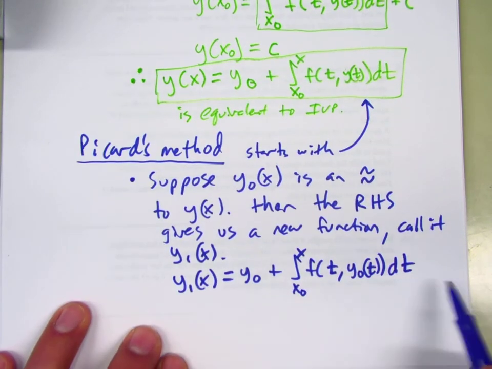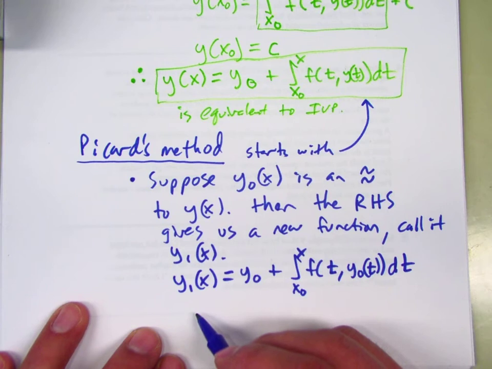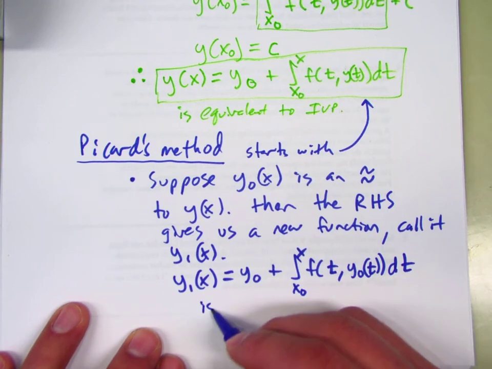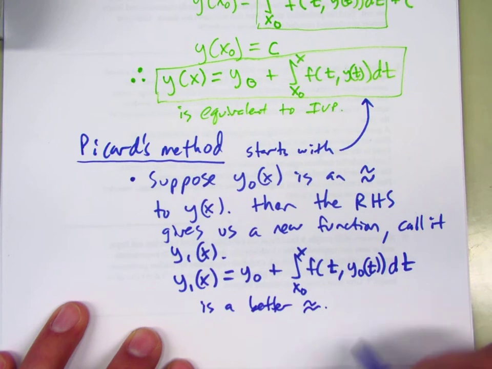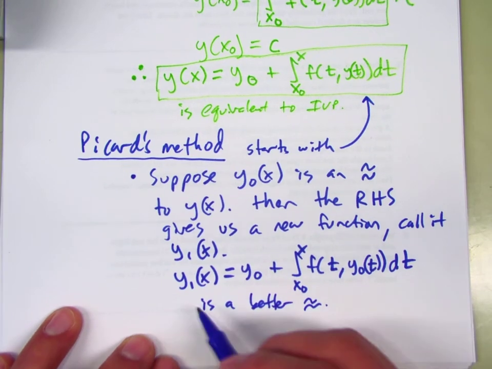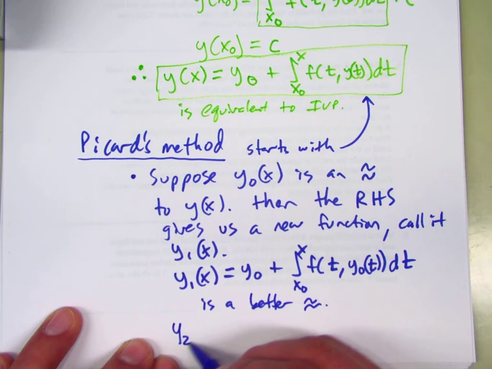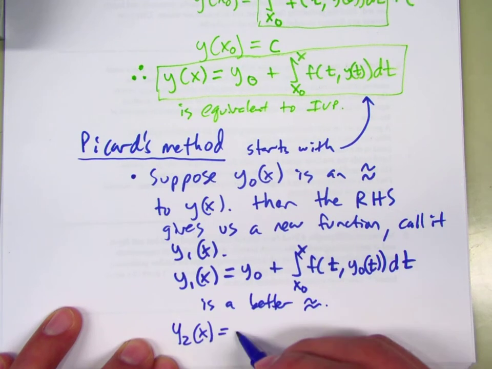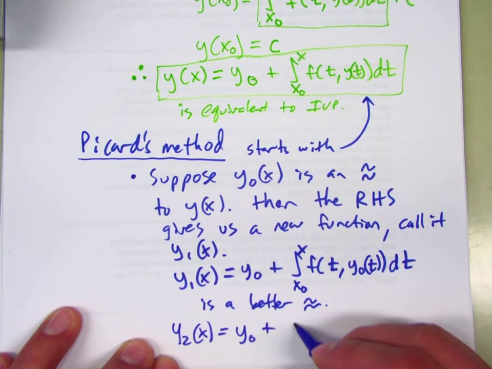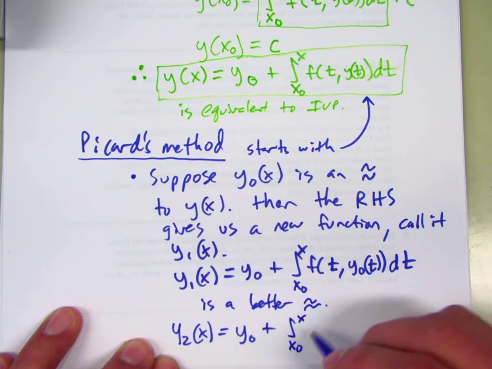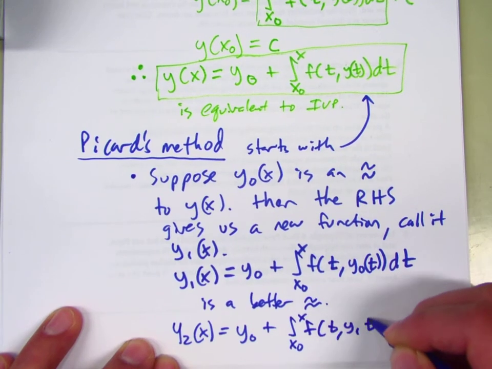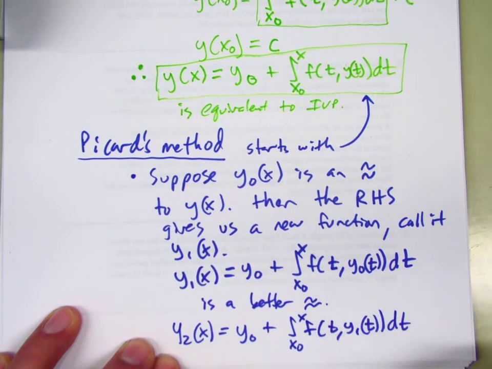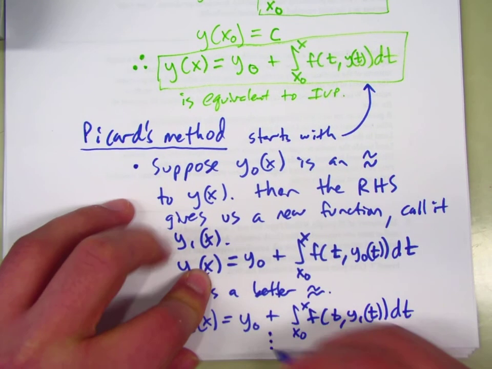And now this is a better approximation. If we want better approximations, we just repeat the process. So now we say y2 is going to be y naught plus the integral from x naught to x of f of t of, and then we're going to use y1 now, and we keep repeating.